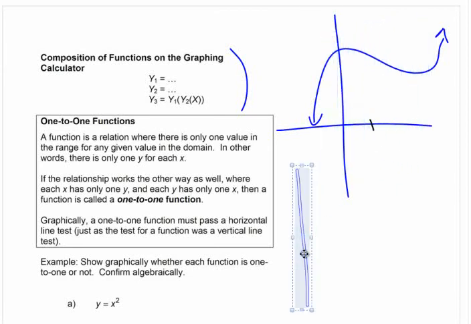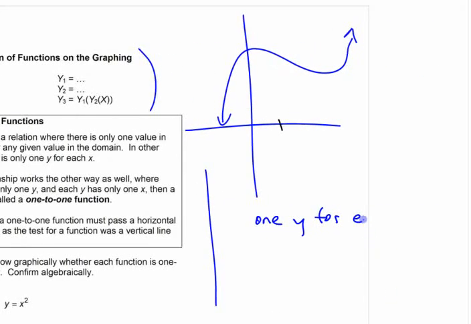A one-to-one function means the relationship works the other way as well, right? If you say it with words, one y for each x, that's what makes it a function. If you're saying it's one-to-one, it means it's the reverse as well.